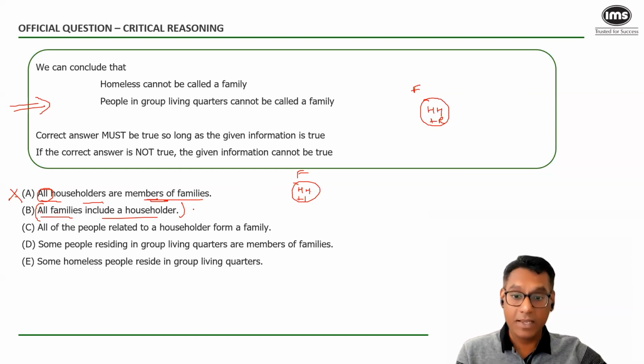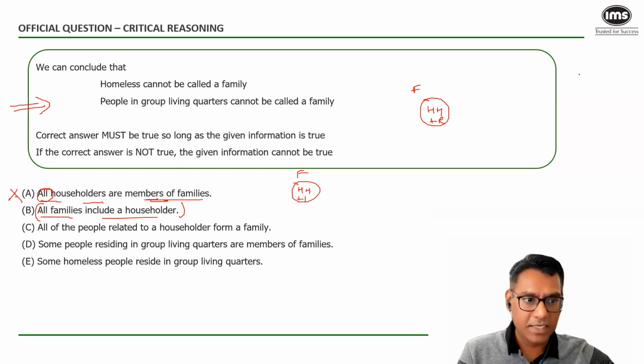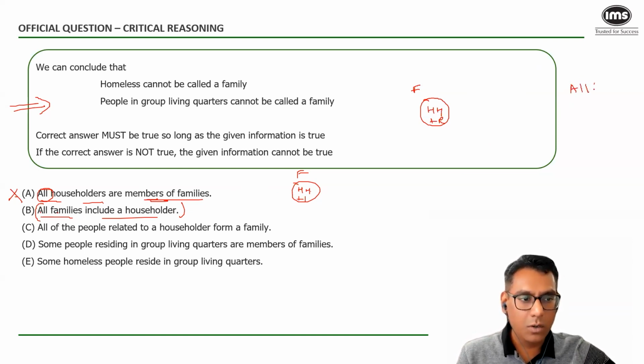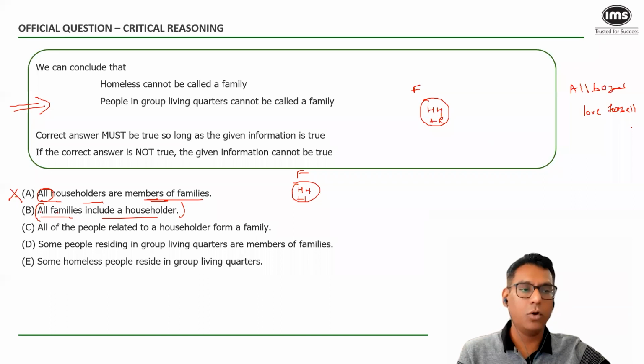Now be very careful here. Let me just explain a concept. This is kind of that concept where we say all boys love football. Now I want to prove this wrong. I found one boy who does not love football, right?